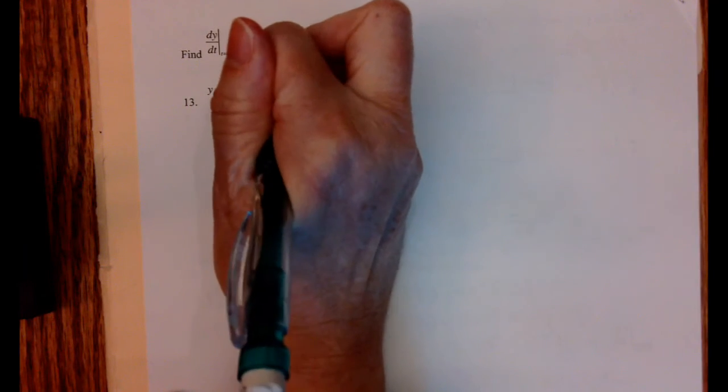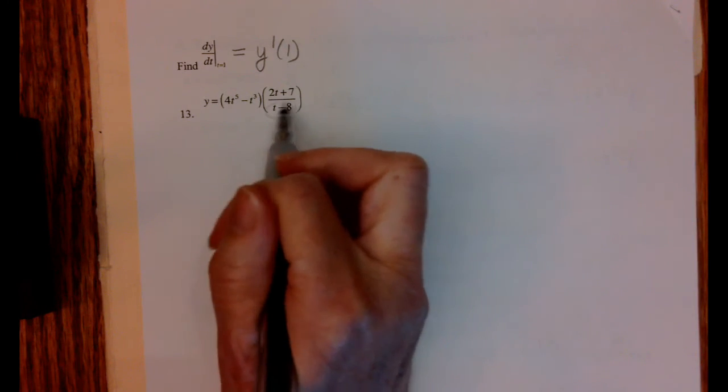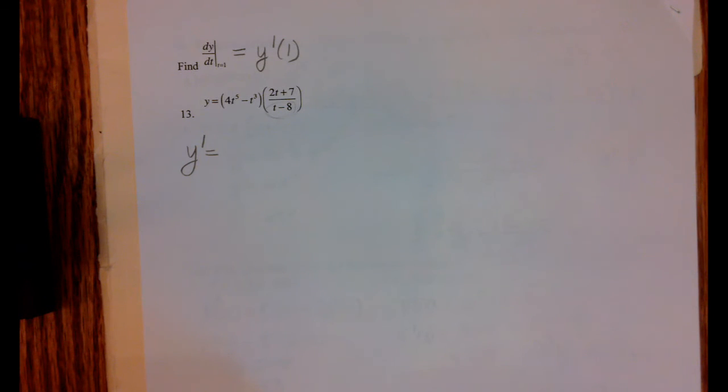The last problem you cannot avoid. Again, this notation is equivalent to finding y's derivative at the value of 1. This one I cannot divide out because it's a binomial. So I'm going to go through its derivative in general and then plug in the 1.